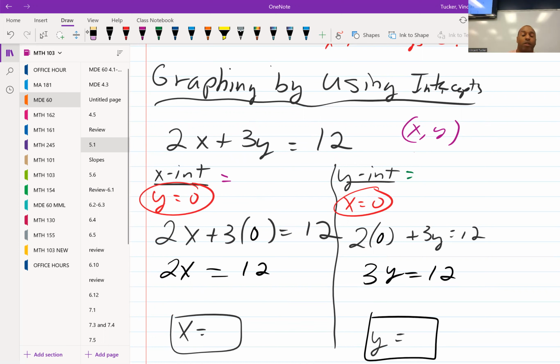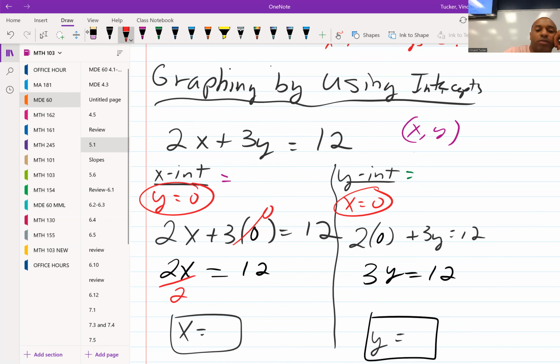Going back to your x-intercept, the characteristic of all x-intercepts is that y is equal to 0. So you start there and plug in 0 for y. 3 times 0 is 0, and that leaves you with 2x equal to 12.